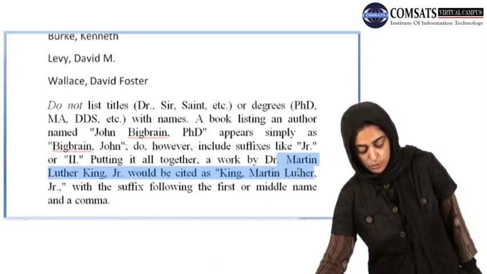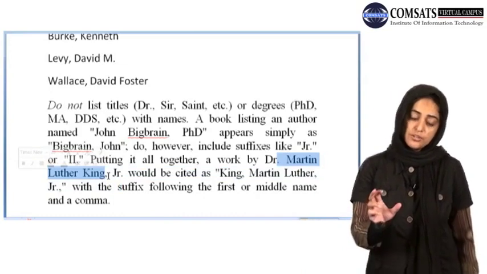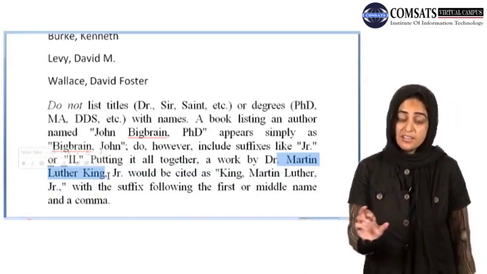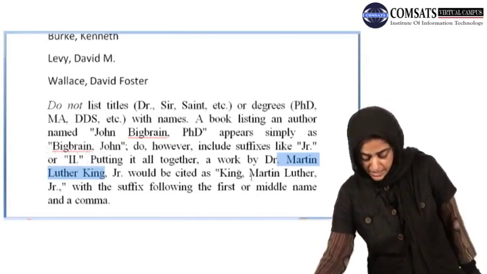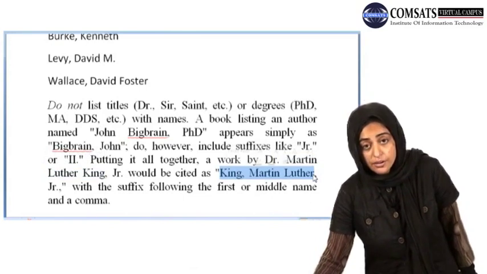For the name Martin Luther King, the style in which you will write it on the works cited page for the detailed reference through MLA referencing is, kindly have a look, I am highlighting it on the screen, King, Martin Luther.